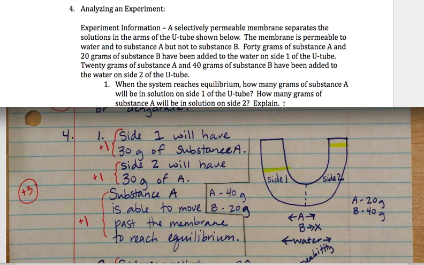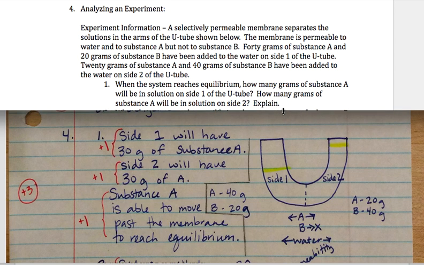So when the system reaches equilibrium, how many grams of substance A will be on side 1 and how many grams of substance A will be on side 2? So they will each have 30 grams of substance A. Because substance A can go through the membrane, it will do that. So substance A will even out. Okay?